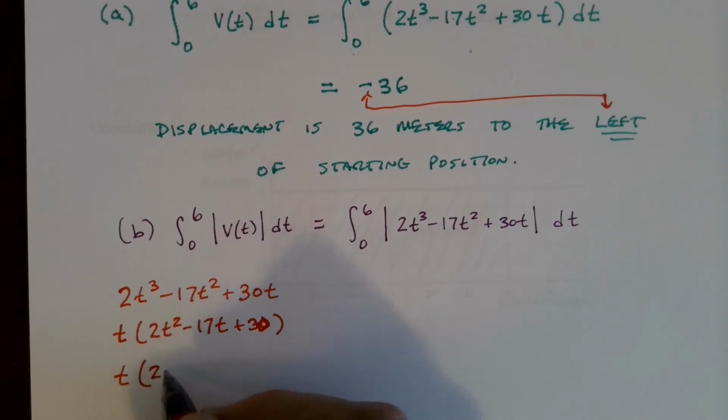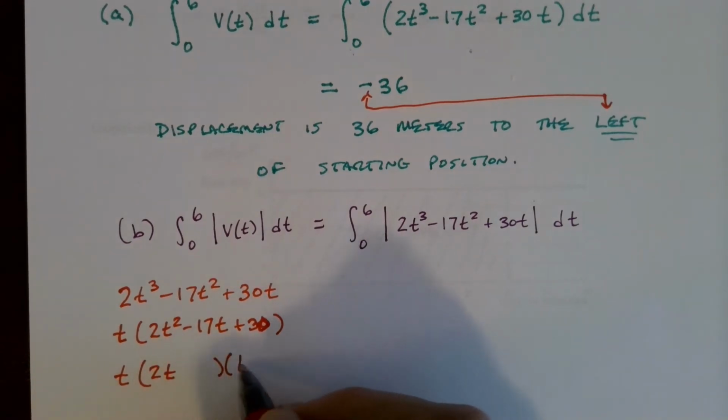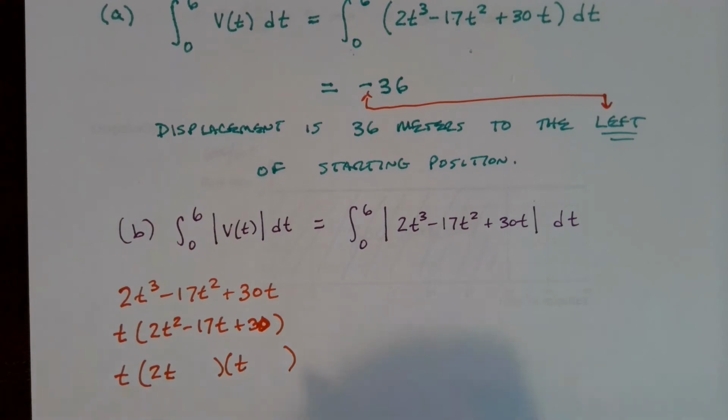Obviously 2t squared would be 2t times t. And if we think about how to get 30, notice the product of these two is a positive number, but the sum of the outer and inner is negative, so both of these must be negative, right? Negative times negative gives me a positive. And 30, start with 5 and 6. Notice if I do negative 5 here and negative 6 here, I'll get negative 12. 6 times 2 is negative 12.